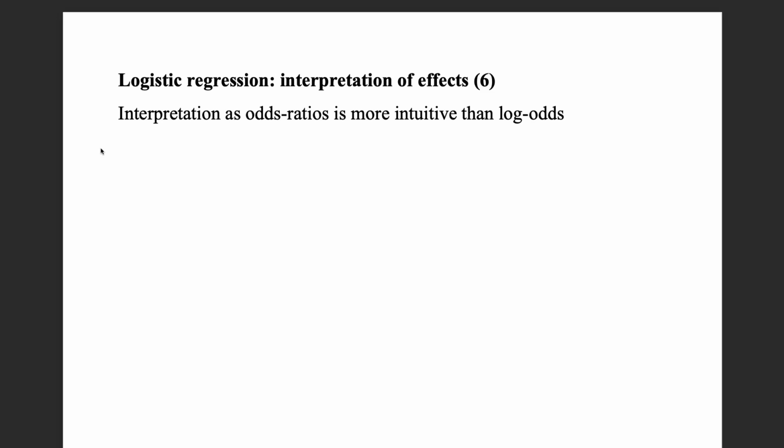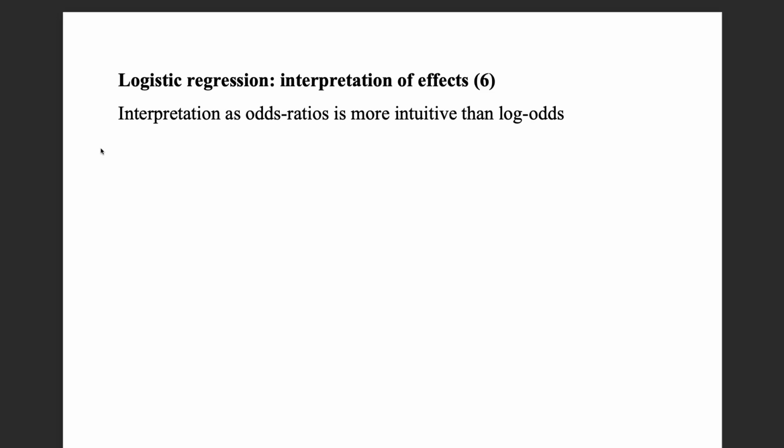That is already a bit more intuitive, because at least we got rid of the natural logarithm, but it's still quite hard to interpret, because odds are not the most intuitive way of thinking about how likely it is that something happens. It's the ratio of how likely it is that something happens relative to how unlikely it is that something happens.